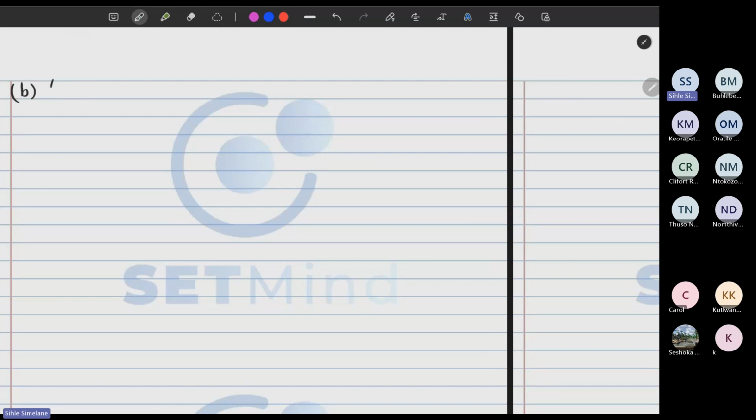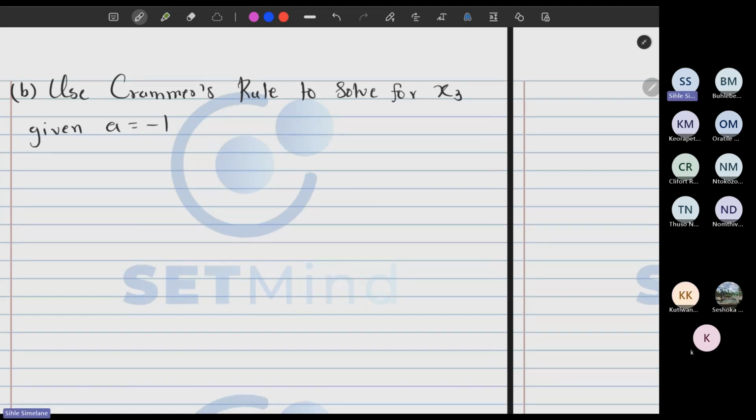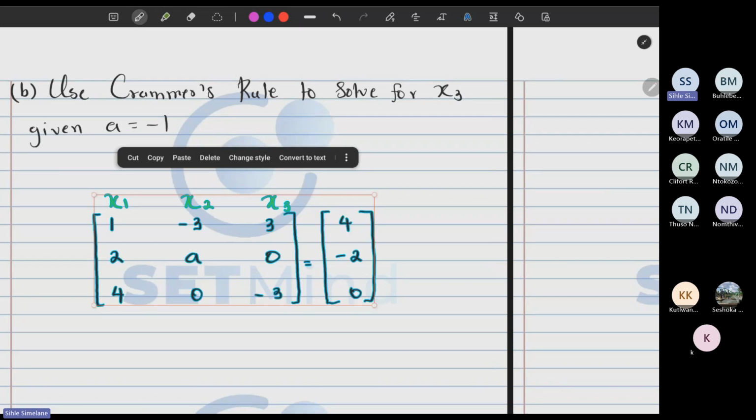So they said, use Cramer's rule to solve for x3 given that our A is -1. So let's paste the matrix and then start doing the work.